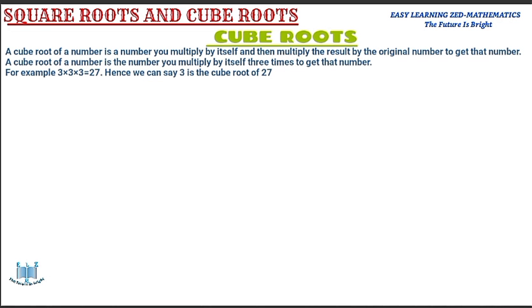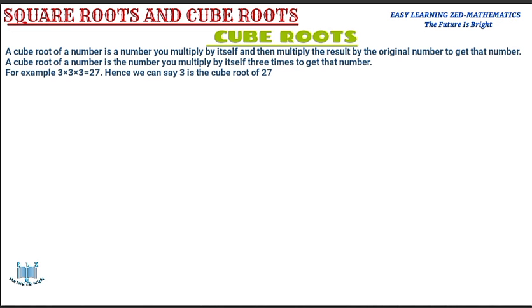I multiplied 3 by 3, which gave me 9. Then I multiplied 9 by 3, the original number, which gives me 27. So that is a cube root: a number you multiply 3 times by itself in order to get a cube.